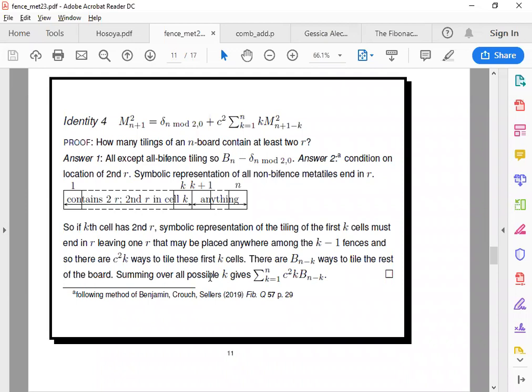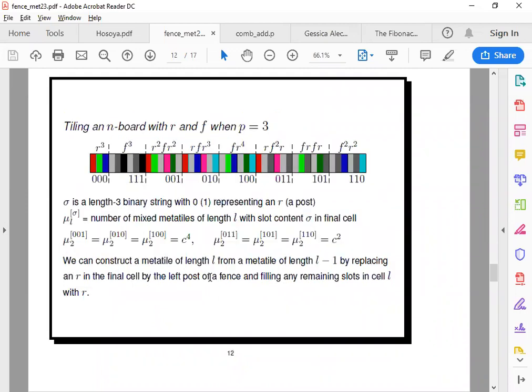So that gives us k ways in which this can be done, and we multiply by c squared because we've got 2 rectangles which can be in any color. So that gives us the c squared k ways, and then we sum over all possible k. And I forgot, so we worked out how many ways we can tile this, and then this can be anything, so that leaves us with B n minus k ways to tile that. So we multiply those two together and sum over all k, and then make this answer equal to answer 1, and we get identity 4.